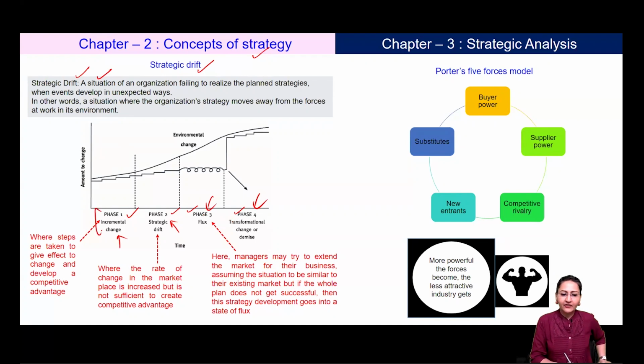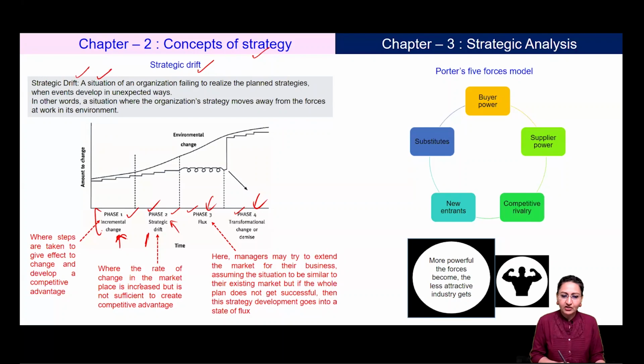Under phase 1, steps are taken where you want to bring a change for the organization. That means the management introduces some new schemes, maybe new products, entering into new markets. This is a phase of change for the business. Then strategic drift. Now, here the market starts changing.